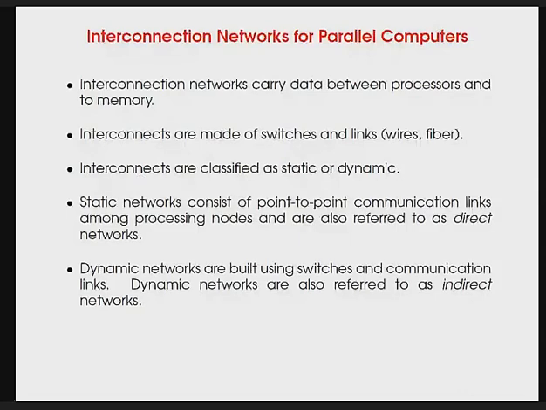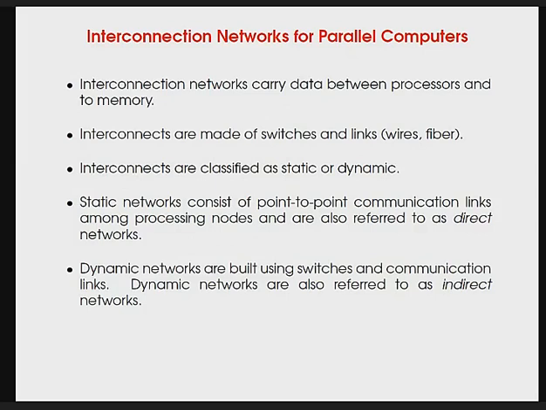Static network consists of point to point communication links among processing nodes and is also referred to as a direct network, whereas dynamic networks are built using switches and communication links. So dynamic networks are also referred to as indirect networks. Now what exactly is the difference between static and dynamic networks?